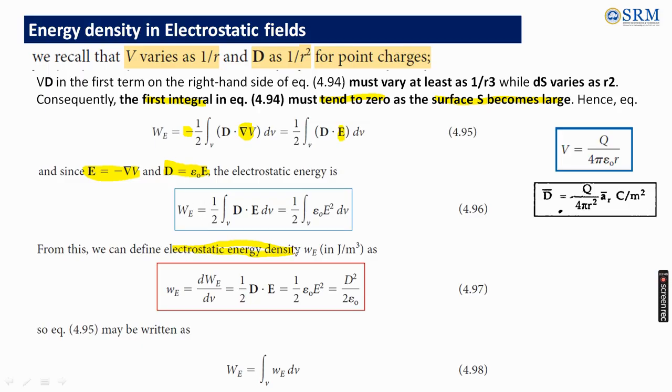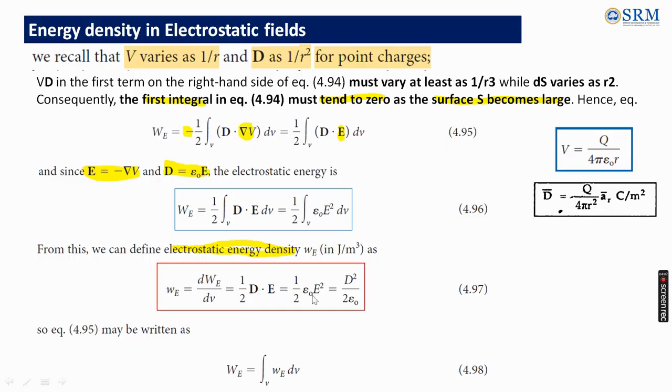But electrostatic energy density means I have to compute the electrostatic energy and differentiate it with respect to the particular volume. So if I take the differentiation, this integral goes off and I will get half into D dot E vector.